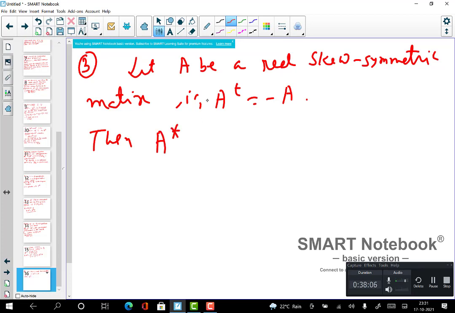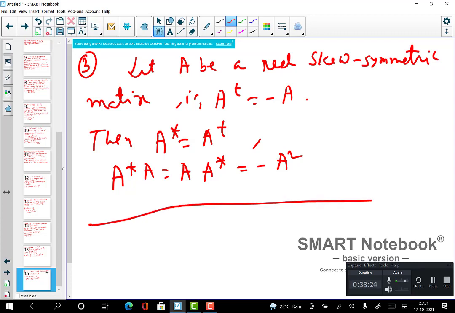You can see that A star A is equal to A A star, which is nothing but minus A square. So real skew symmetric matrices are also normal matrices. There are plenty of other examples, but these are some important ones.